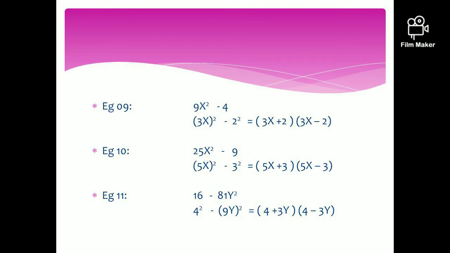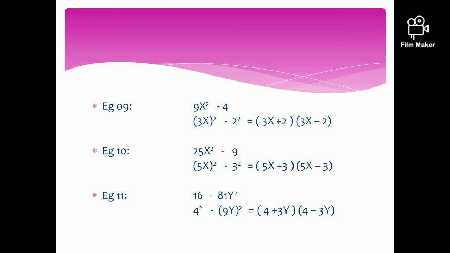This is the next advancement. 9x squared minus 4. To write a difference between two square numbers, both terms should be complete squares. Therefore, how to write 9x squared as a complete square? We know that 9 is 3 squared. Therefore, 9x squared I can write as 3 squared into x squared.